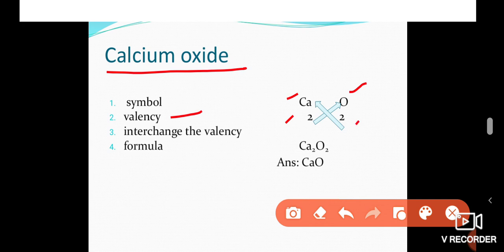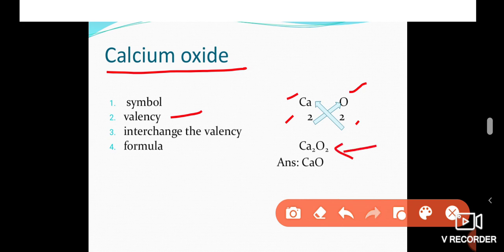And third, interchange the valency. So that calcium valency is interchanged and that oxygen valency is also interchanged. Now we get Ca2 and O2, isn't it?